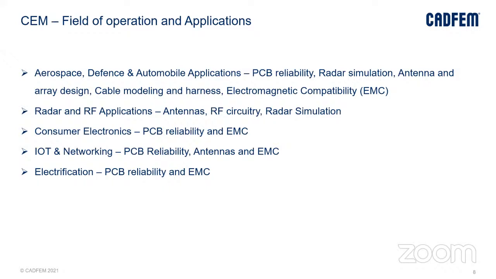Antenna and array design is also one of the major applications in the automobile and defense area. And because of the presence of lots of electronic systems that need to be integrated, cables are necessary, and hence cable modeling and harnessing in terms of electromagnetic compatibility.